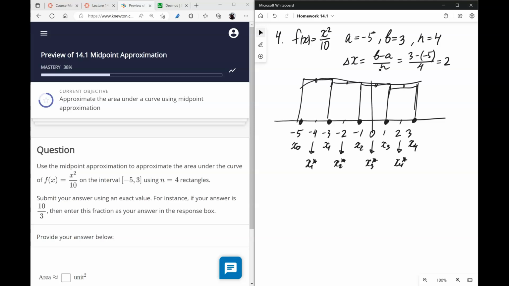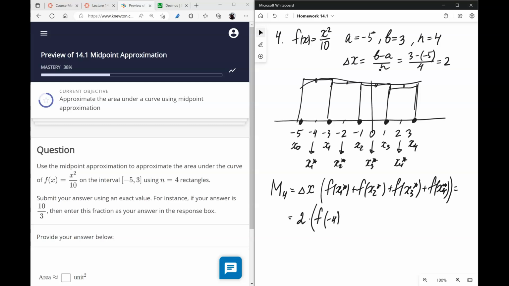Of course, if we want to write this out symbolically, we're going to have m4 being equal to delta x times f of x1 star plus f of x2 star plus f of x3 star, and finally f of x4 star. And in our case, it will be 2 times f of -4 plus f of -2 plus f of 0 plus f of 2.